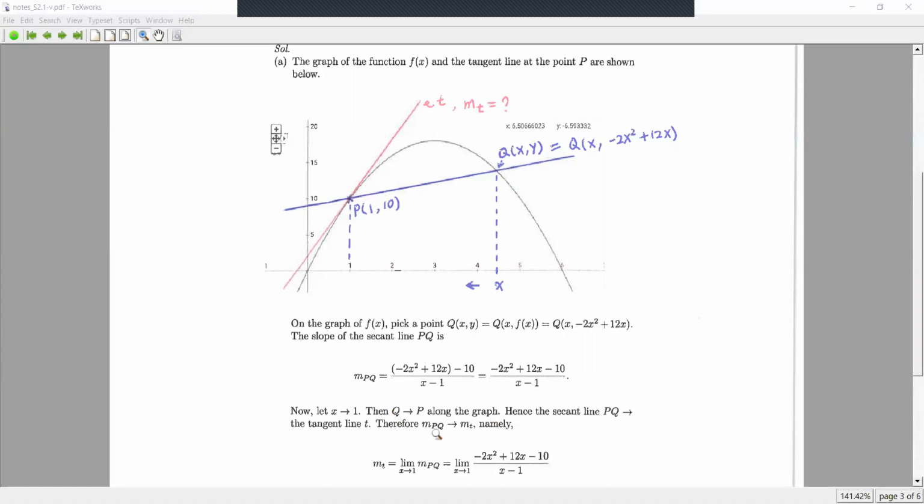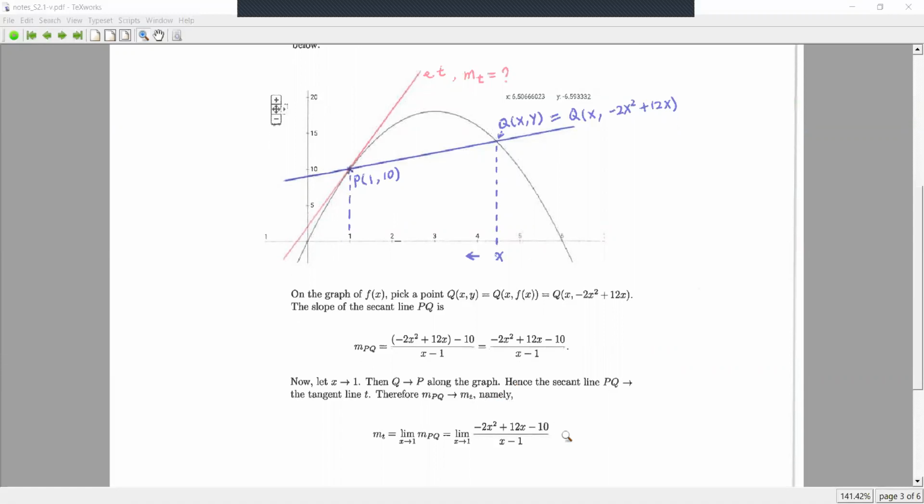Therefore, the slope of the line PQ will approach the slope of the tangent line. Because the blue line approaches the tangent line, the slope of the blue line will approach the slope of the tangent line. In other words, in the limit notation, the slope of the tangent line is the limit of the slope of the line PQ as x approaches 1.